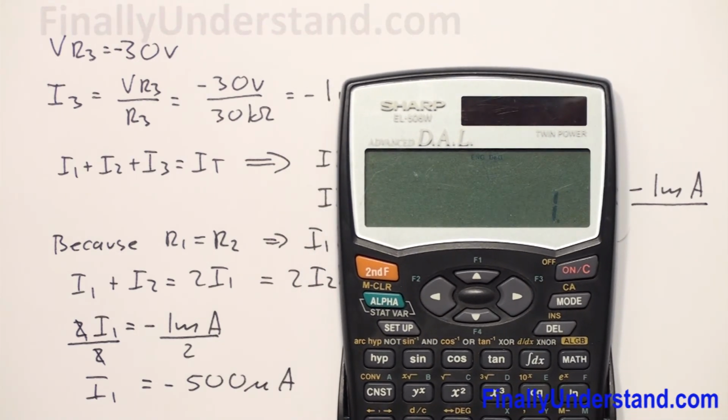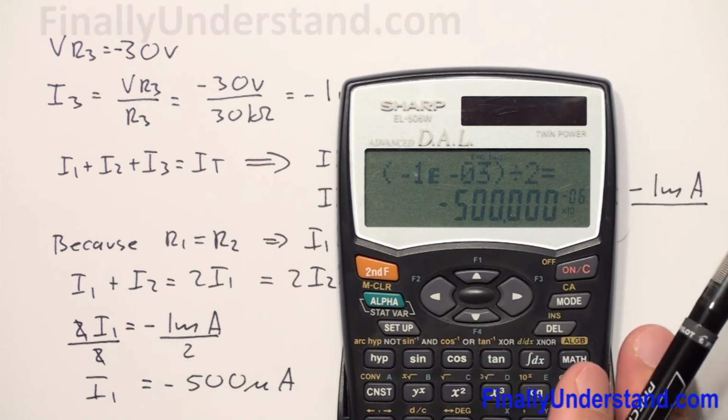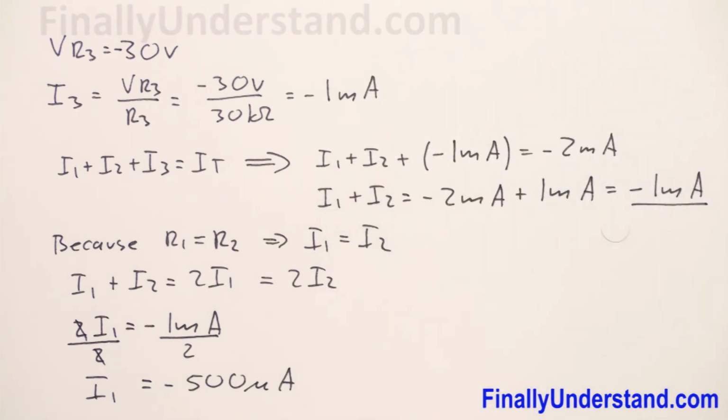So I have 1 times 10 to the negative 3, this is 1 milli, divided by 2, which is equal to negative 500 microamps. So this is my I1, and we said that I1 is equal to I2, that's why I2 is equal to negative 500 microamps. So this is my I2.